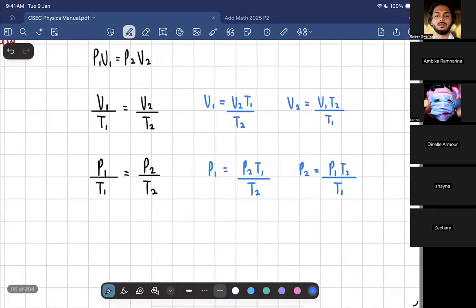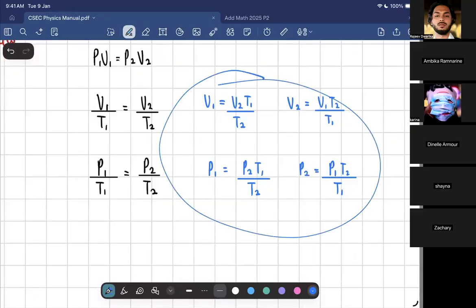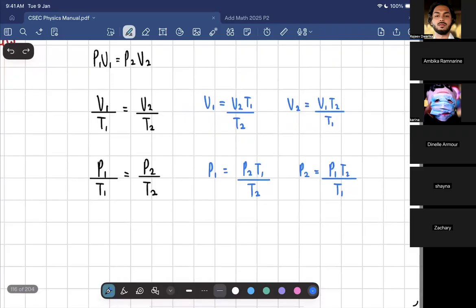Nice. And now I'm going to plug all of this into P1 V1 is equal to P2 V2. So instead of writing P1, I'm going to write P2 T1 all over T2.